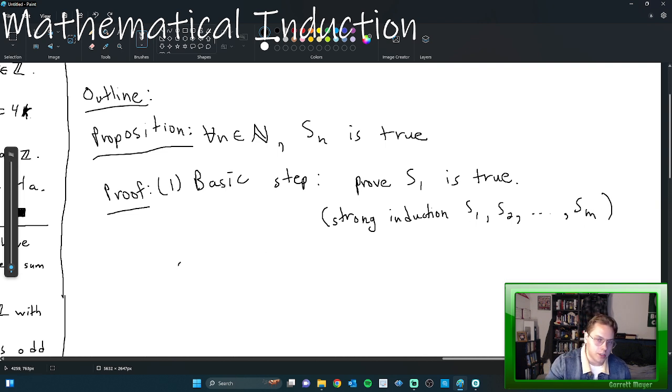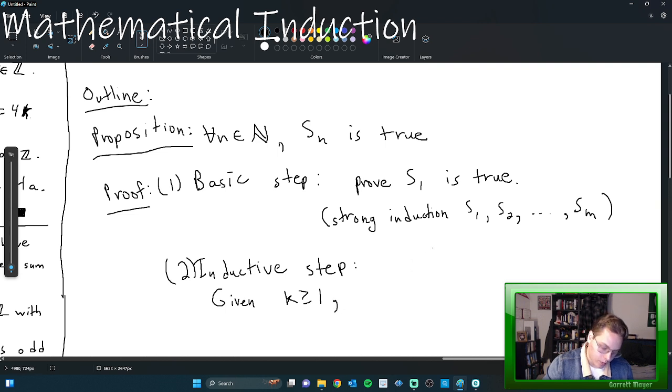So then next, we have our inductive step. In the inductive step, we say that given any integer k, we prove the statement SK implies SK plus 1.